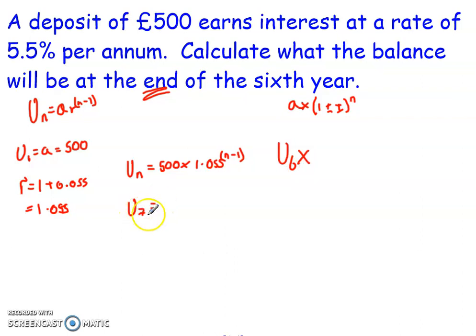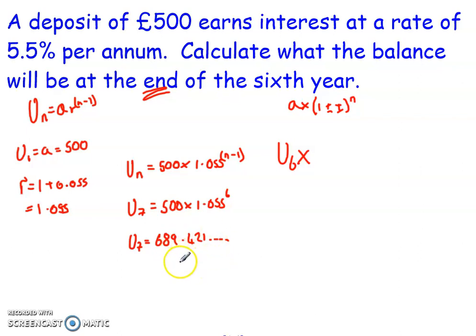So for this case, U7, I know that's going to be 500 times the 1.055 to the n minus 1, to the power of 6. Stick that in a calculator. What you end up getting is that U7 is equal to 689.421 and a whole spiel of stuff after that.